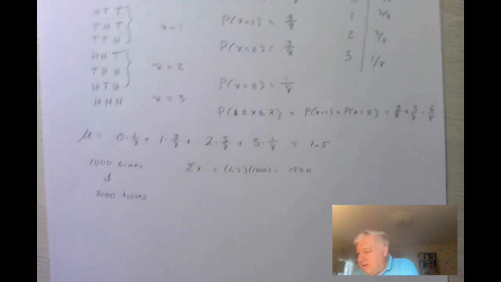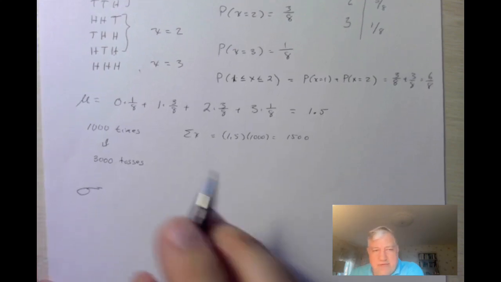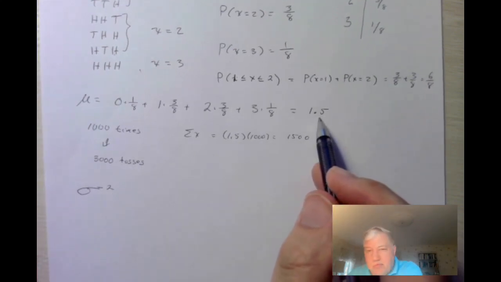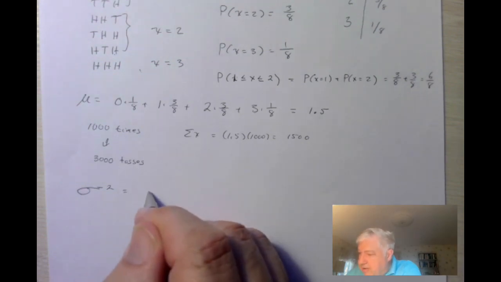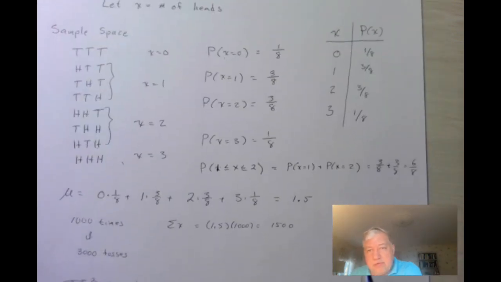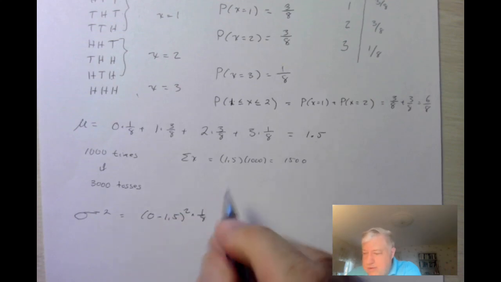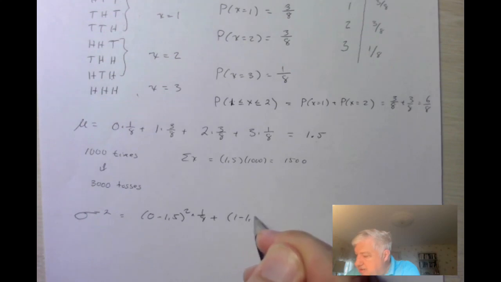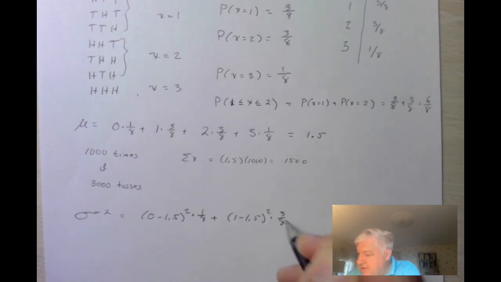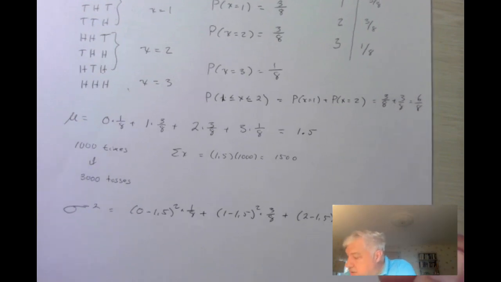Now, what would be the variance? Let's compute the variance of this. The mean is 1.5. So x goes from 0 to 3, so we'd have 0 minus 1.5 squared times 1/8 plus 1 minus 1.5 squared times 3/8 plus 2 minus 1.5 squared times 3/8 plus 3 minus 1.5 squared times 1/8.